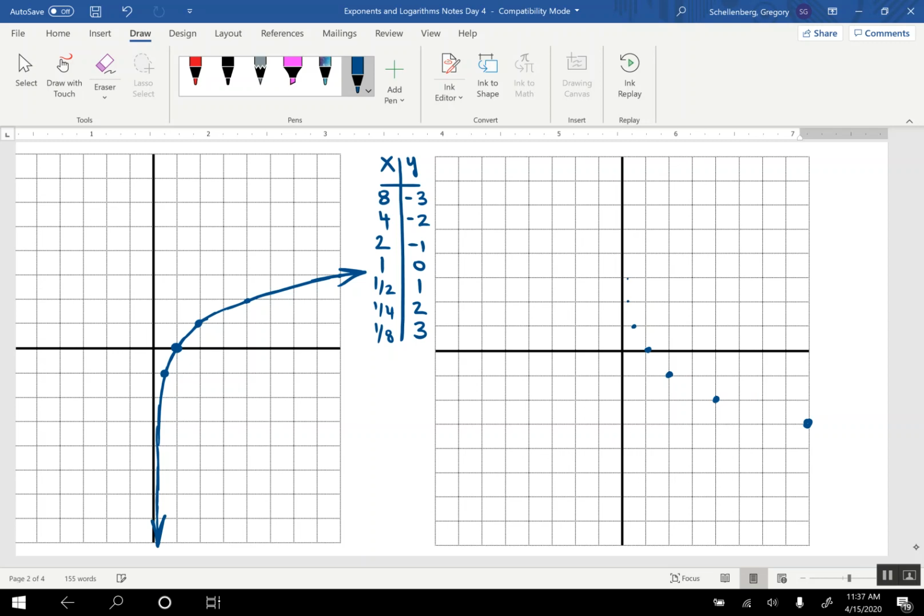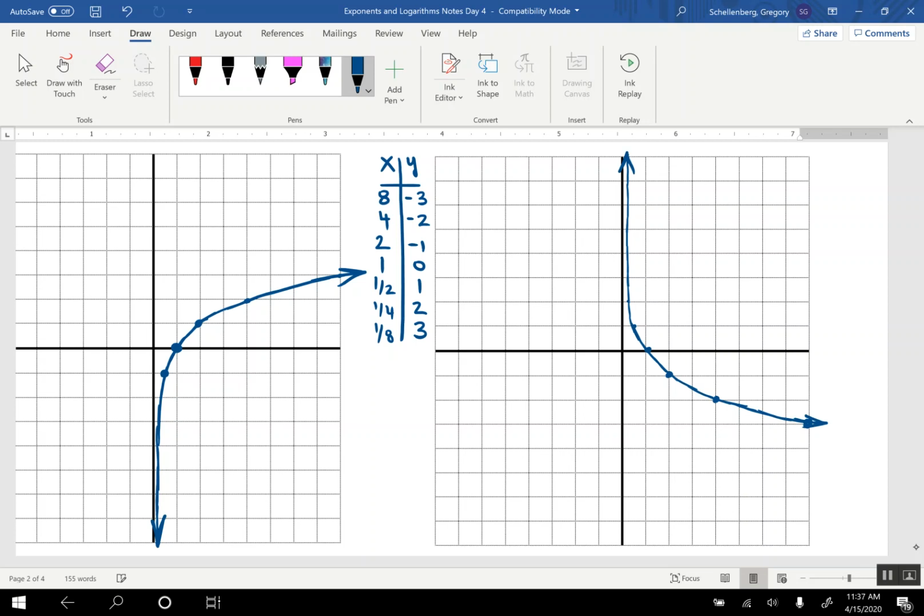Okay. Connect the dots here. And there's the graph of log base 1/2 of x.